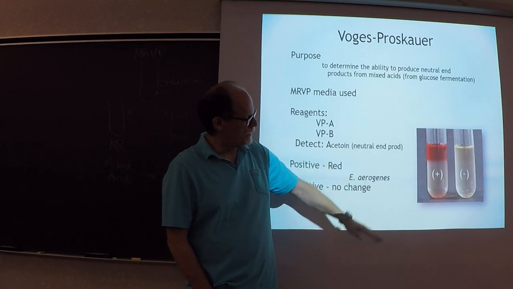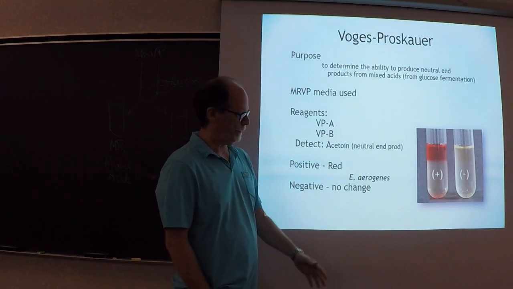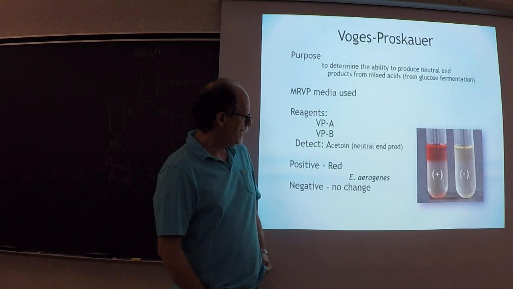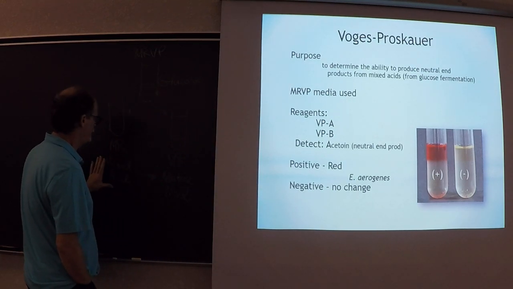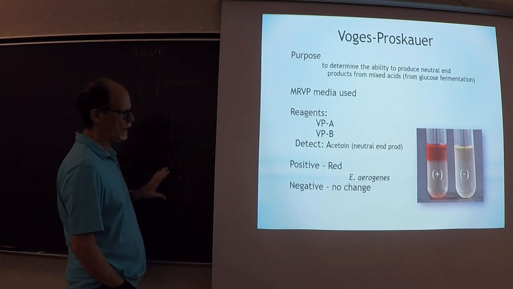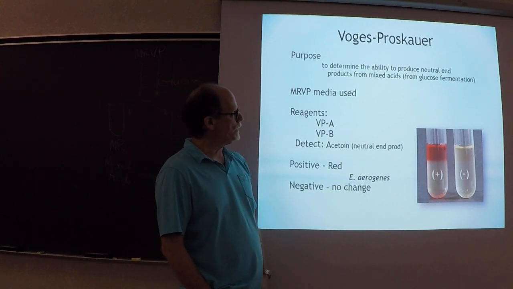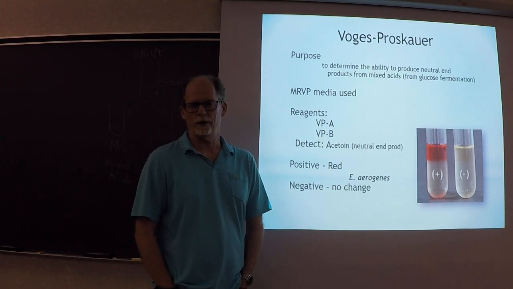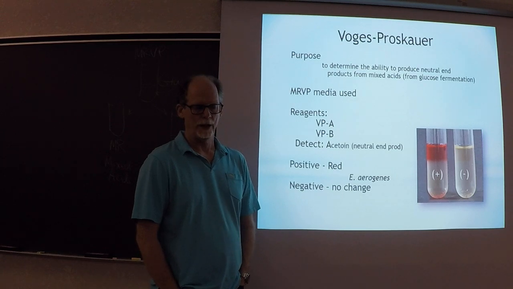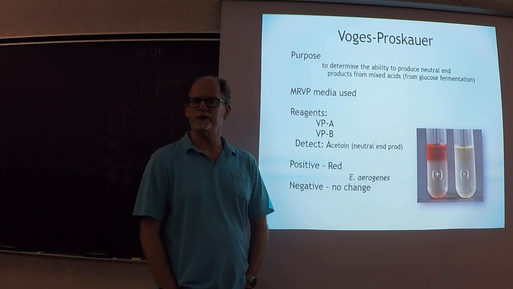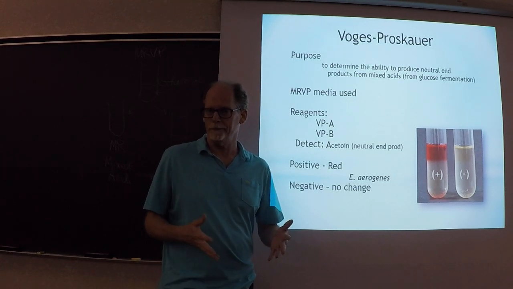So E. coli is usually positive for methyl red. There are other bacteria that are positive for it too. Enterobacter aerogenes is usually positive for the Voges-Proskauer. All these biochemical tests are used to identify bacteria.